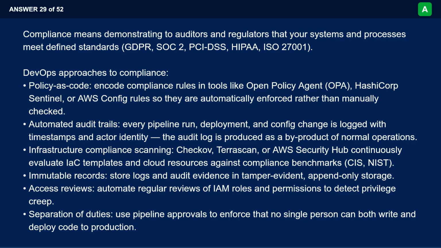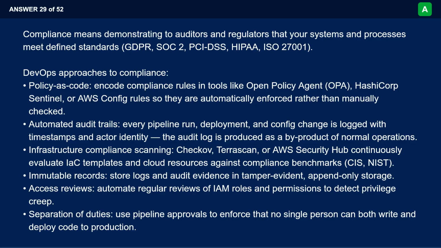Encode compliance rules in tools like Open Policy Agent, OPA, HashiCorp Sentinel, or AWS Config rules so they are automatically enforced rather than manually checked. Automated audit trails. Every pipeline run, deployment, and config change is logged with timestamps and actor identity. The audit log is produced as a byproduct of normal operations.